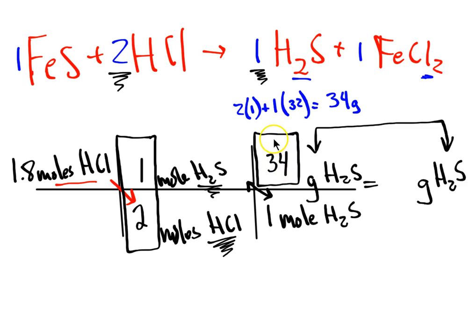And now we're ready to roll. I take 1.8, multiply it by 34, and divide that by 2. All right, once we have typed this in, we end up with 30.6, as long as my lab partner was correct.